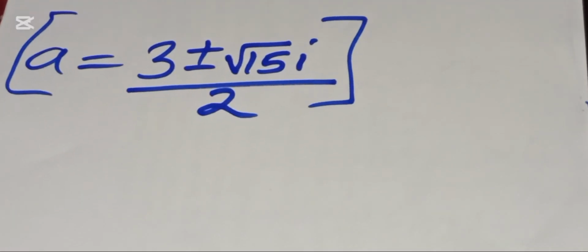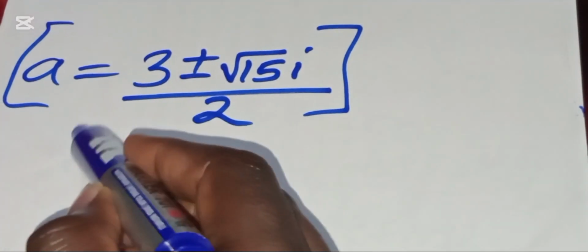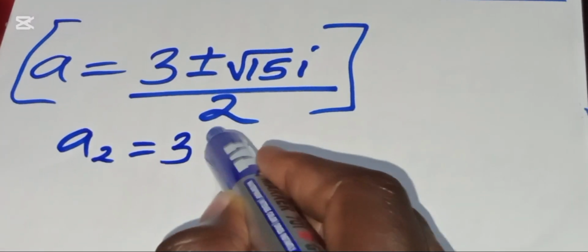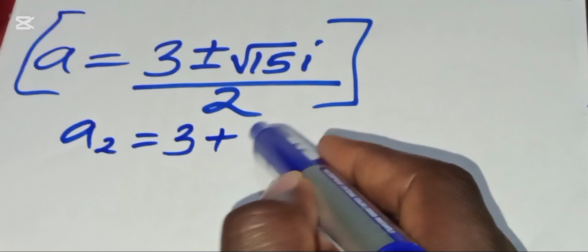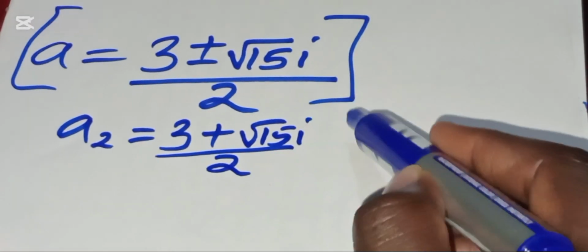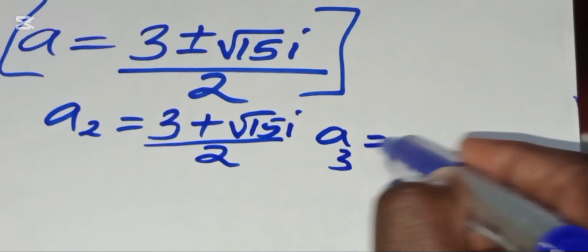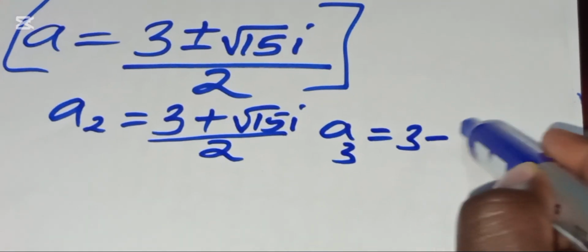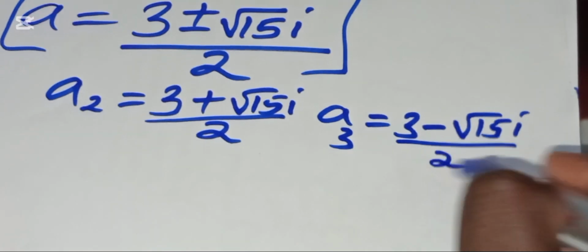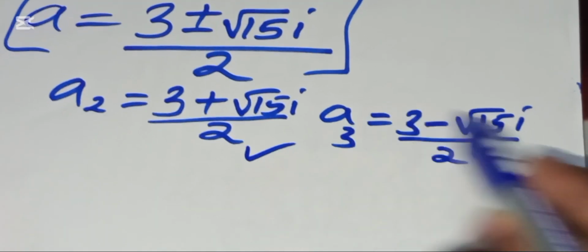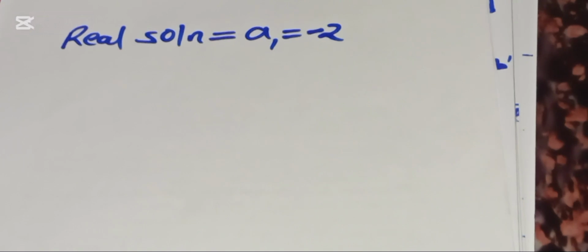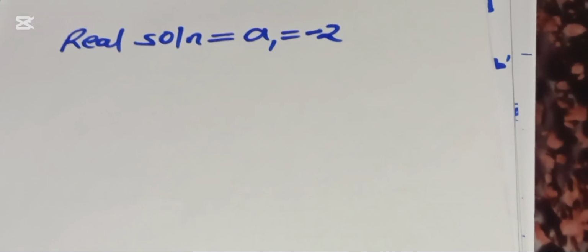That is, a2 is equal to 3 plus square root of 15i divided by 2, and a3 is equal to 3 subtract square root of 15i divided by 2, okay? Now these are two complex roots, okay? And now we have only one real solution, which is a1 is equal to negative 2, okay?